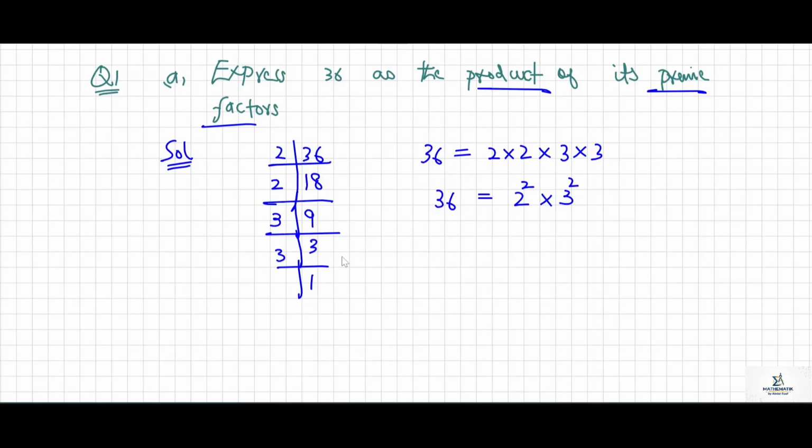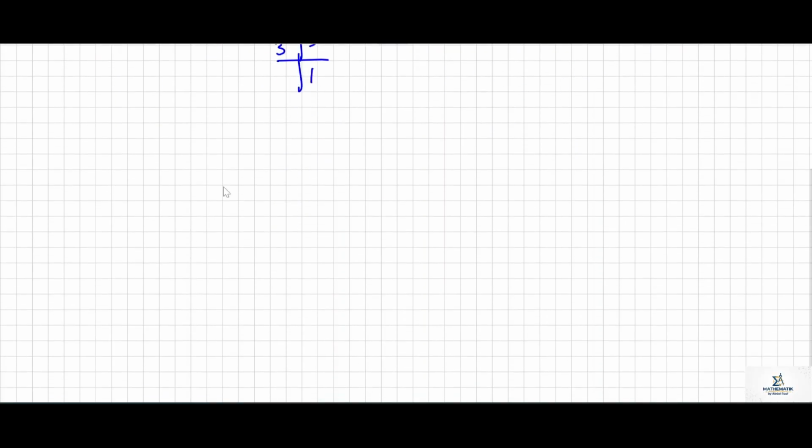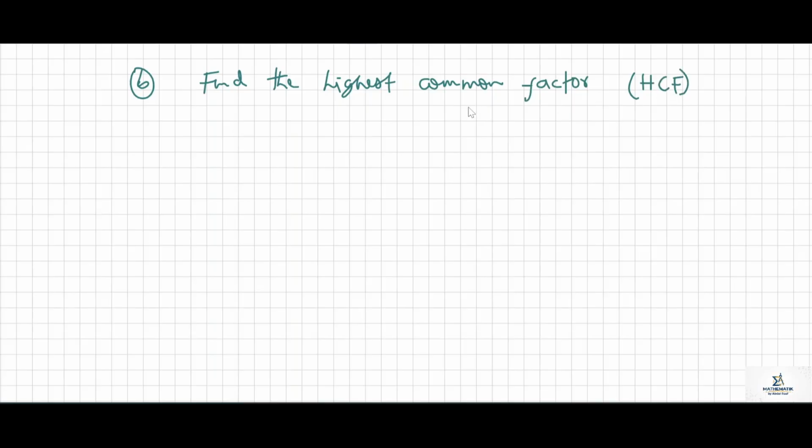So let's go to question number 1, part B. Find the highest common factor, HCF, of 36 and 120.